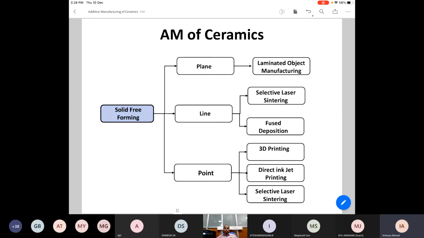So you are building the thing line by line by controlling the dimension and the thickness of the line. And another way to look at it is building plane by plane. That means you have one particular sheet, you cut it at a cross section as a function of height, and you keep cutting that as a function of height and maintain the cross section and build the part. Okay, so that can be done, and all these three can be automated by the help of a computer.